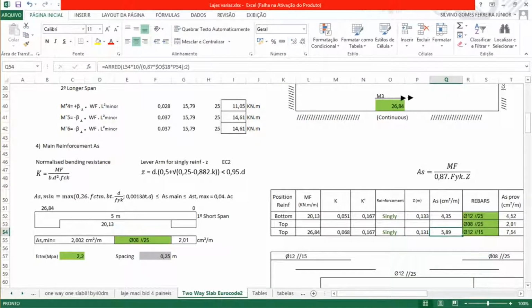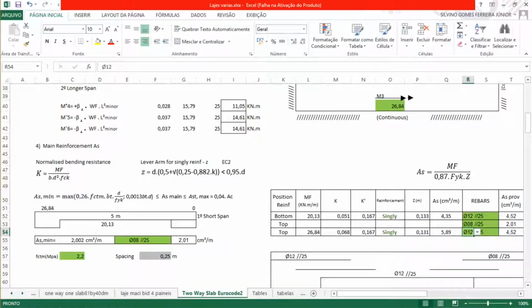So the reinforcement given by this expression will be 5.89. And here I didn't use the 25 spacing because if I put 25, I have 4. If you use the same steel, 12, 4, that is less.